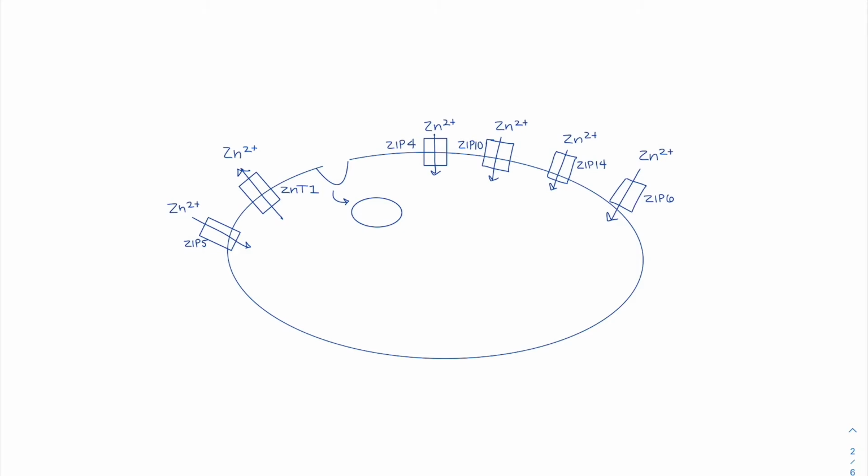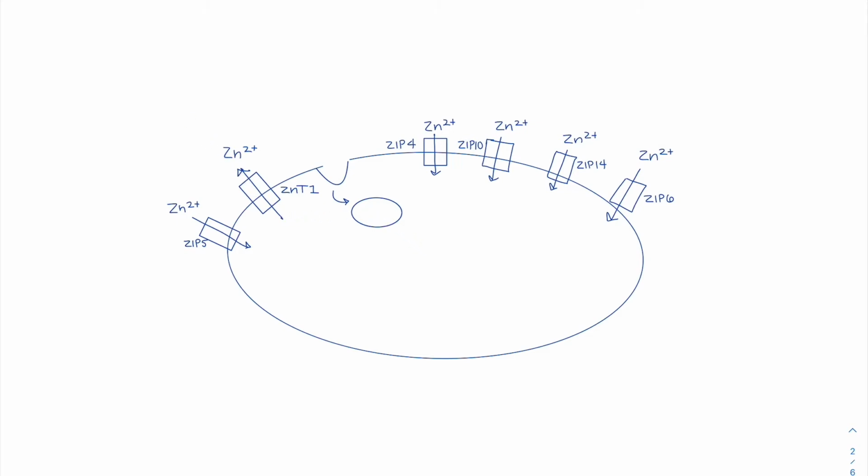So this here is a zinc transporter, and it can leave by this. So ZIPs can take zinc into the cytosol, and zinc transporters take it out of the cytosol.